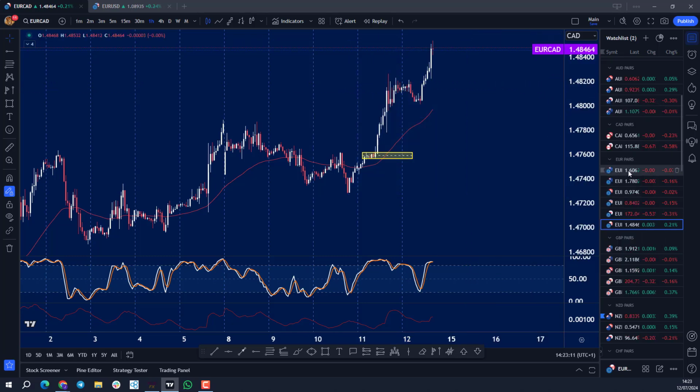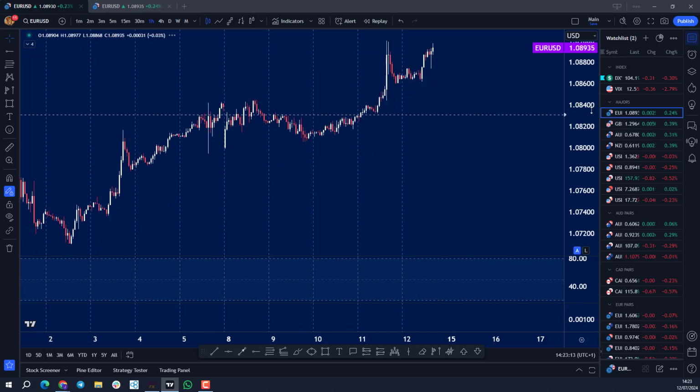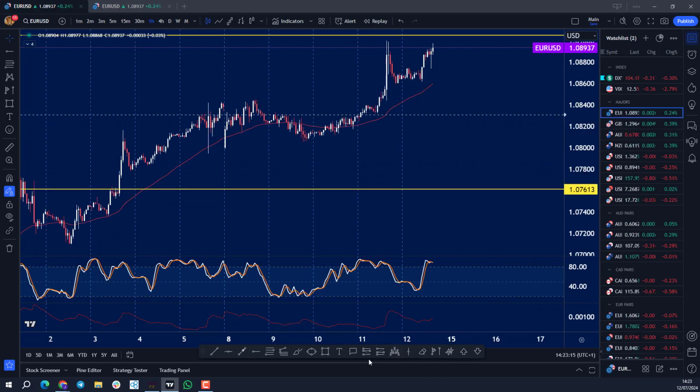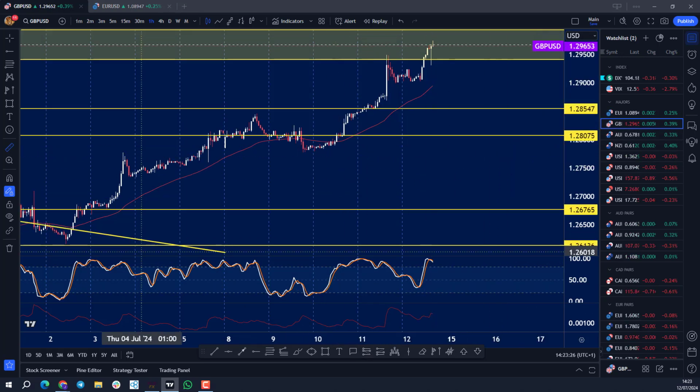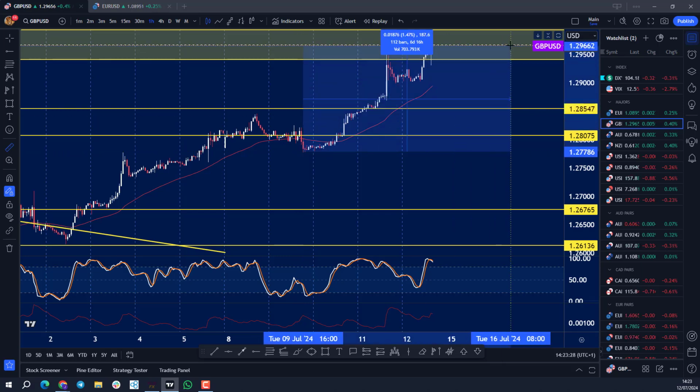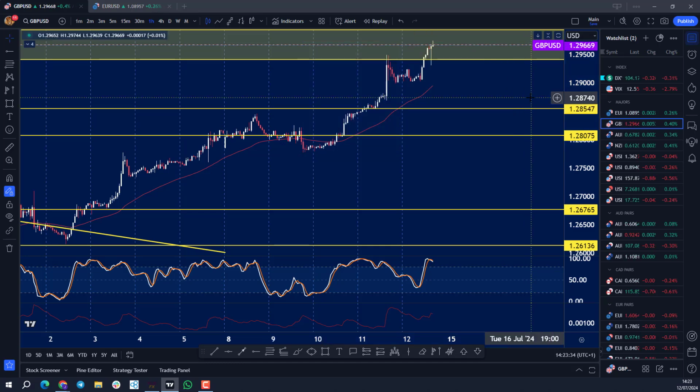If we go over to Euro US dollar, this week we were looking at opportunities to be bullish. If I take a view from the low to the high of the week, it's around about 92 pips. And finally, on cable as well, looking from low to high, it's around about 200 or 190 pips. So just those 4 markets alone could have given you decent trades and opportunities this week.